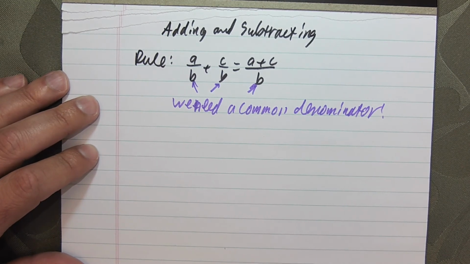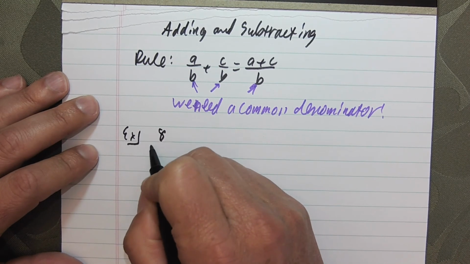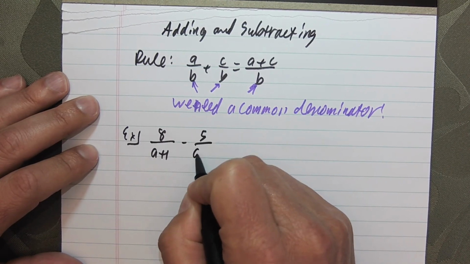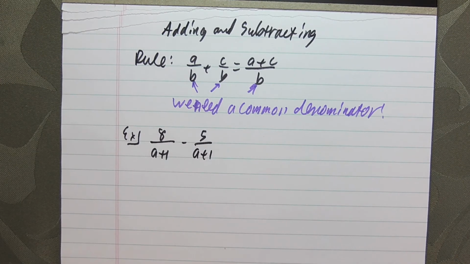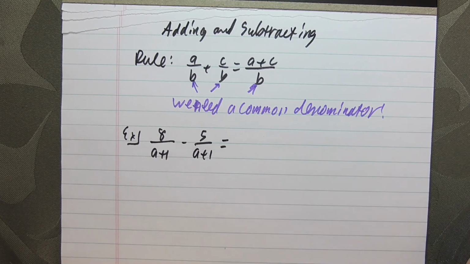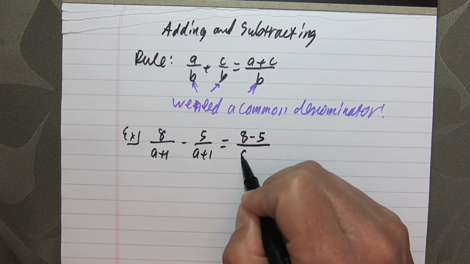That was too hard. So we'll start with this example. And you'll notice we already have a common denominator, the a plus 1. 3 over a plus 1.